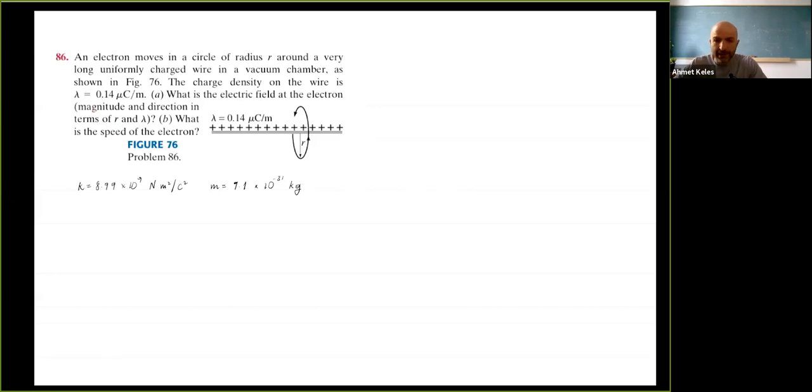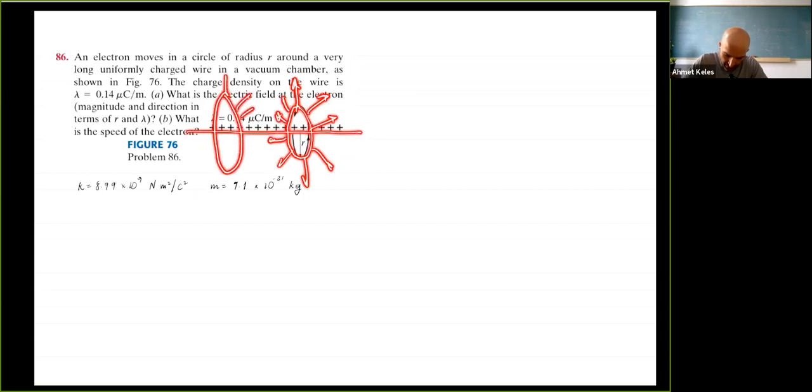I remind you, I think I already emphasized this on several occasions. This is like an infinitely long straight line, and the electric field around any point will be radially outward, something like this. Or if you are here, it's going to be radially outward.